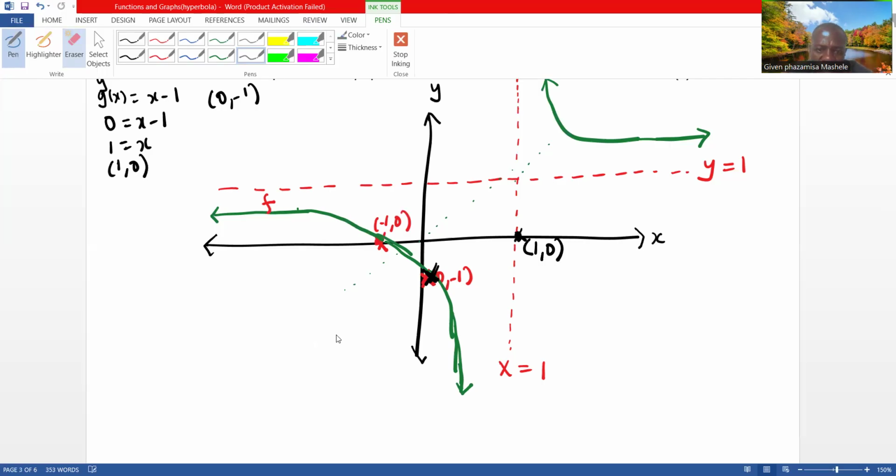So this graph has to pass through these points.